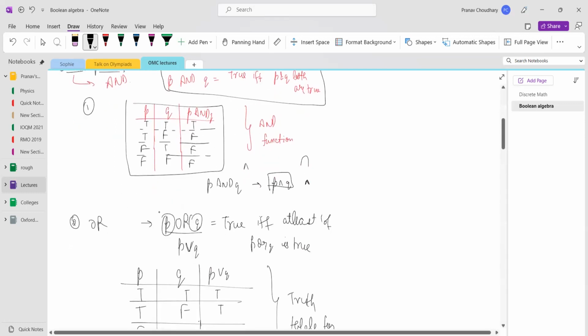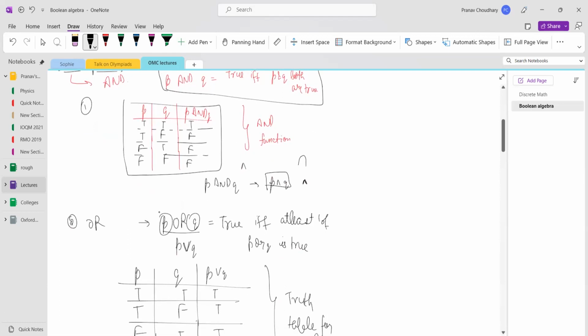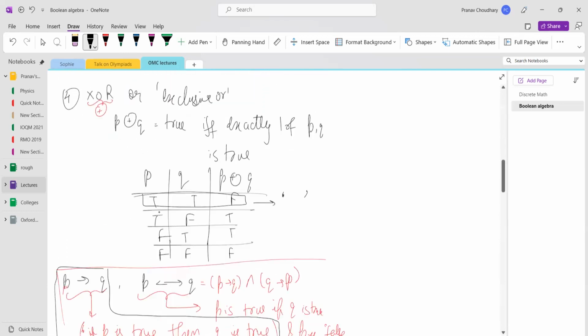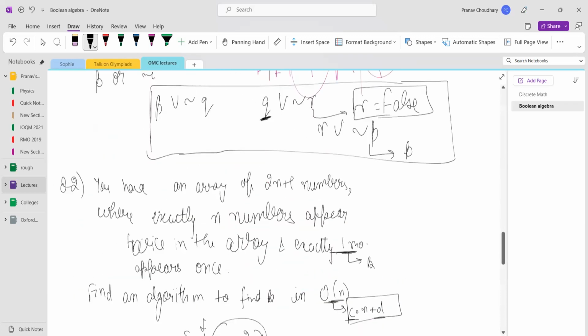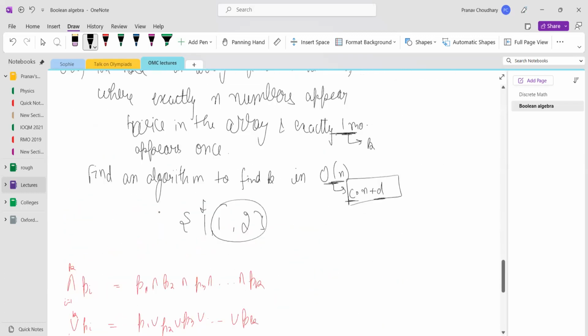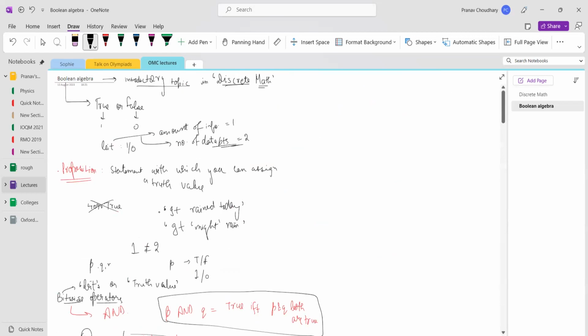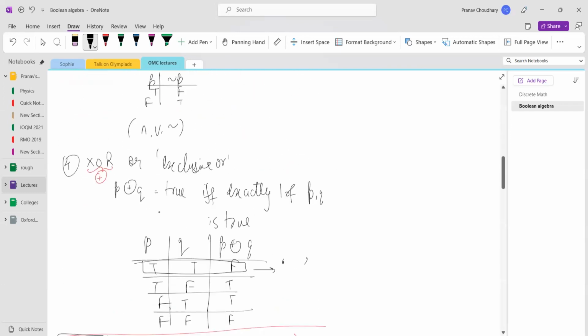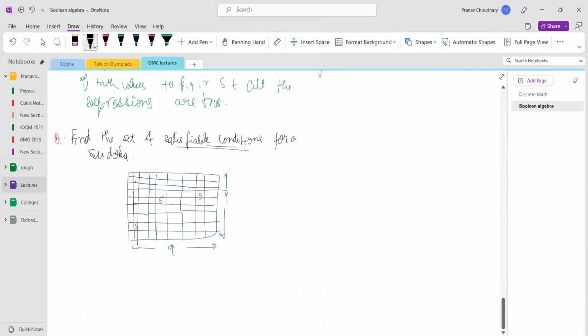It'll probably take too much time and I don't want to go off topic. I'm discussing Boolean algebra, like propositions. If you search Boolean algebra, you'll get more information about that.